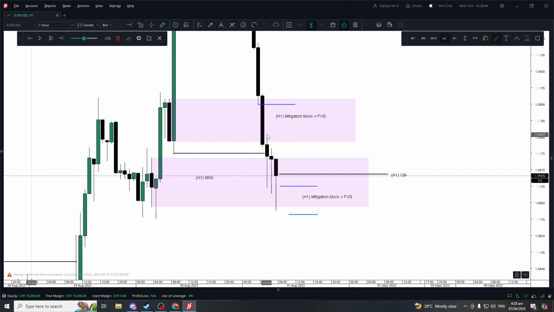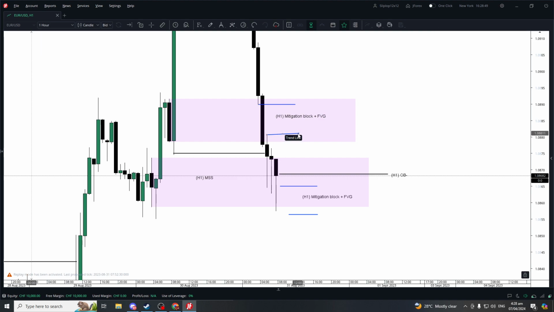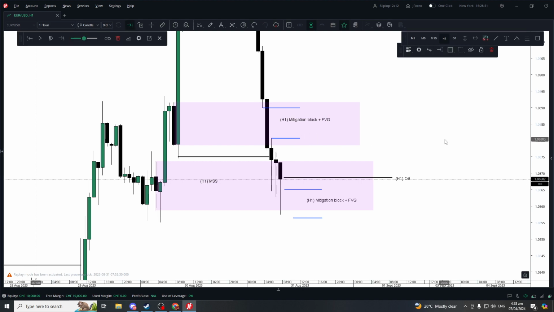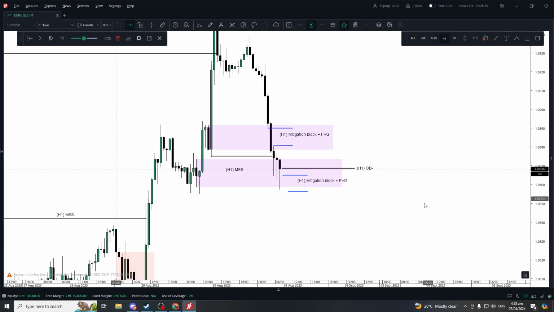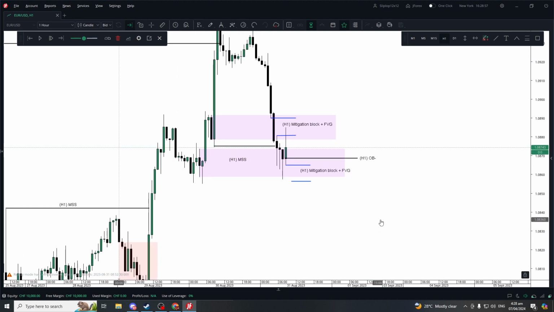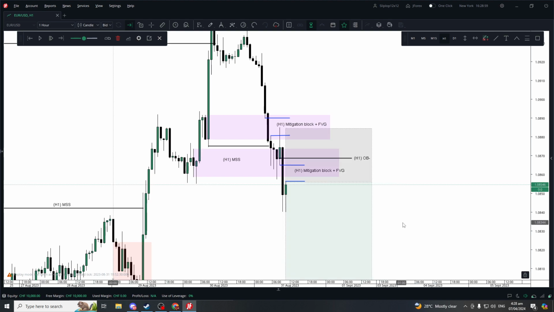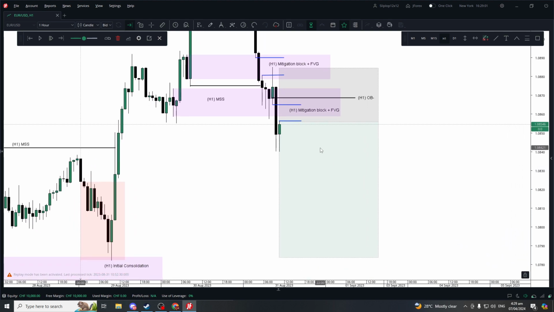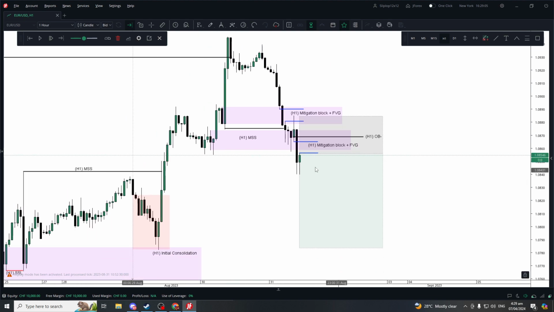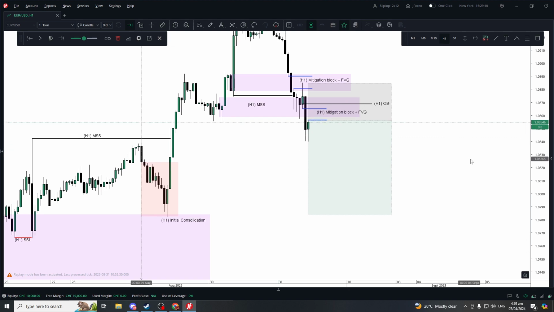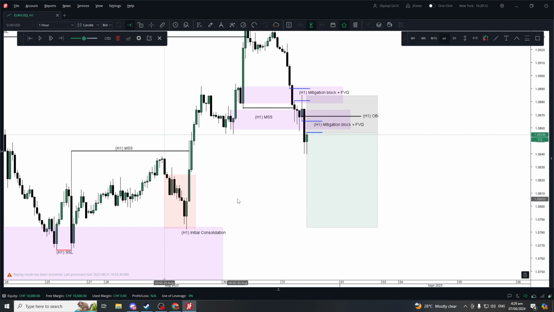You can see this was your supposedly first entry. You can enter here, but I prefer much more confirmation. And we have this entry right here, mitigation block, order block, fair value gap, kind of overlaps, targeting the initial consolidation.